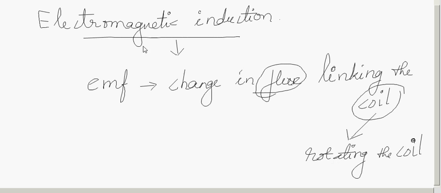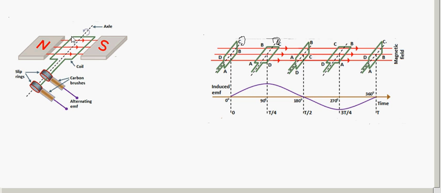So basically, AC generator consists of a coil which can be rotated in the magnetic field. Now, any AC generator, if you take, it will have a coil. So see this picture, it has a rectangular coil, and this coil is made to rotate in the presence of a magnetic field. The magnetic field is produced here using poles, and those poles you can call field magnets.